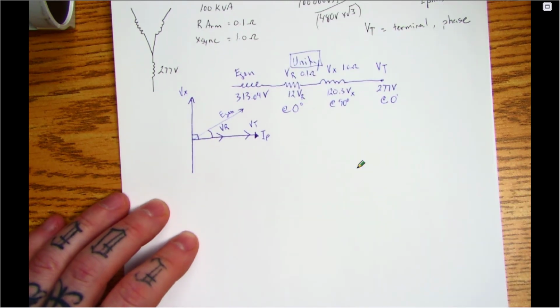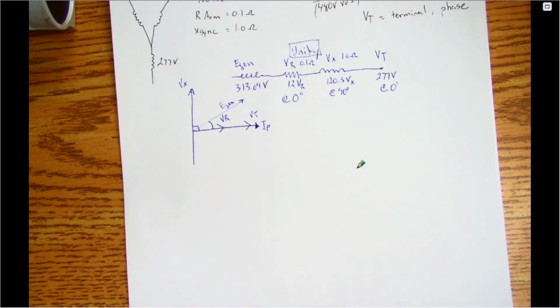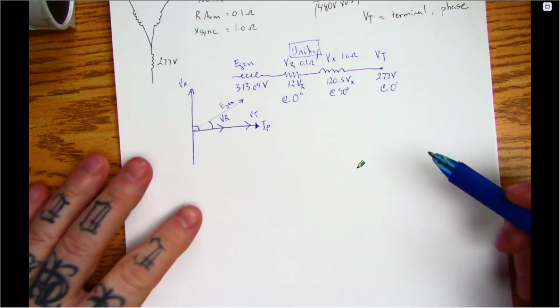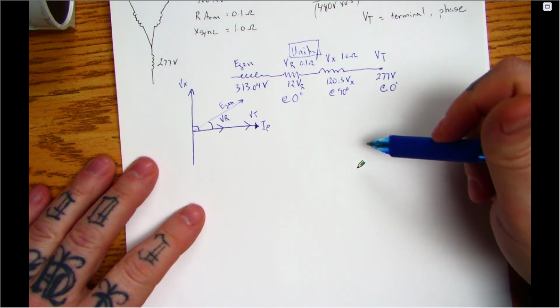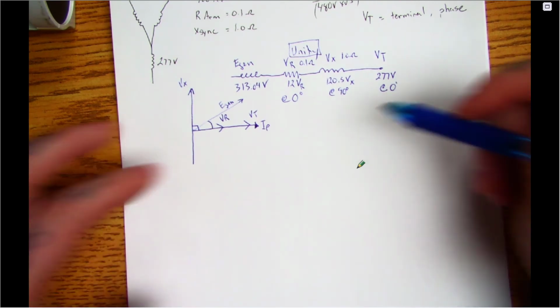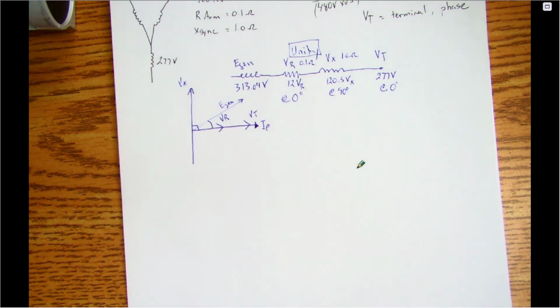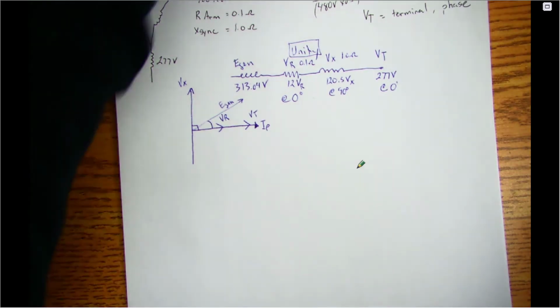Okay, so now we look at the voltage regulation on this. When I talk about the voltage regulation, I think of the no load as the E-gen. I know when we do our lab, a lot of guys are confused as to why we're using the E-gen as our no load.